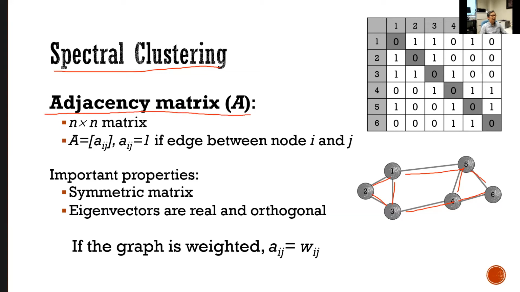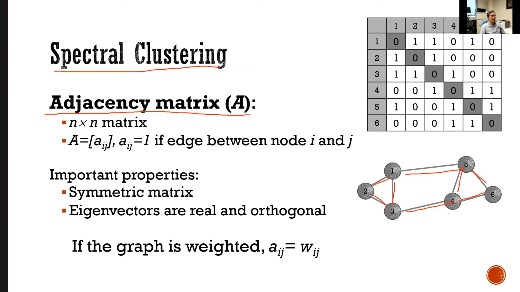If you have 6 nodes, in our application 6 different cells, by their profile, by their distance, you can link them. If their distance is small enough, you make a link between them. Once you have this network, you can represent it in this adjacency matrix.